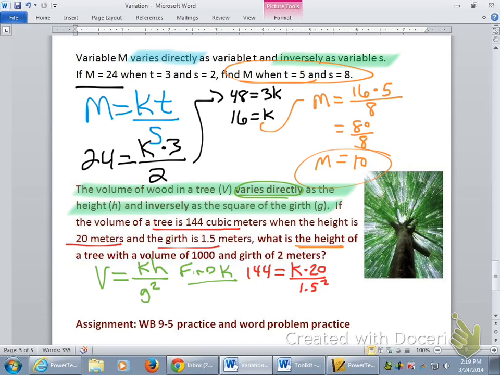So order of operations, 1.5 squared is 2.25. And then, of course, you're going to multiply both sides by 2.25. So what's 144 times 2.25? 324. I'll trust you. And then K will equal 16.2. I'll trust you on that too.